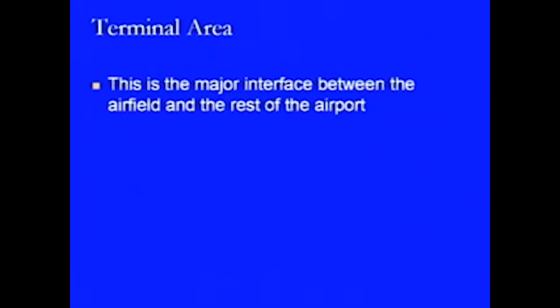So, here the terminal area, how we can define it, is that it is a major interface between the airfield and the rest of the airport, or the ground access to that airport. This is what we have seen when we looked at the figure where the components of the overall airport system were defined: the airspace system, the field system, the land system, and the ground access system.